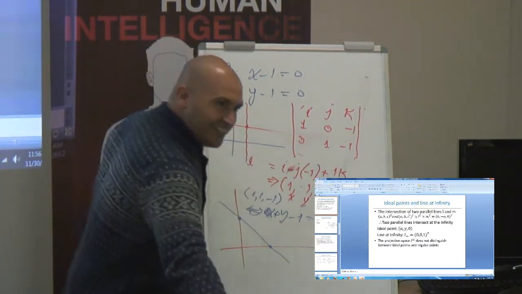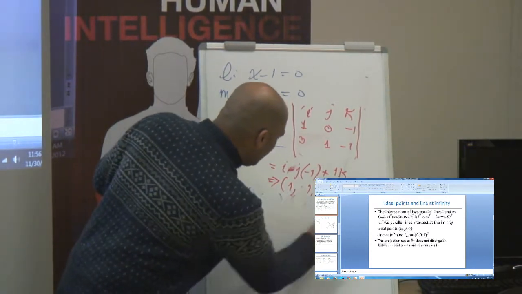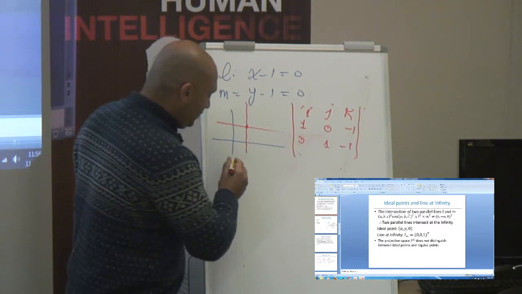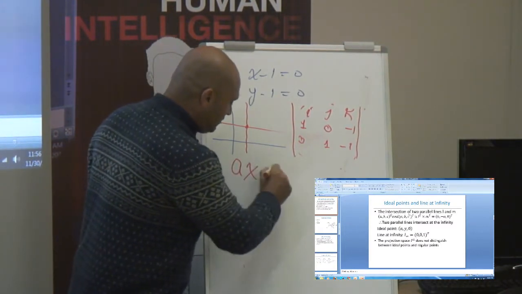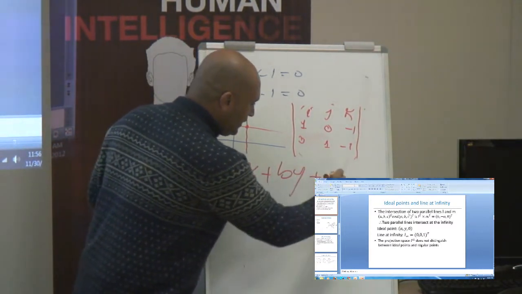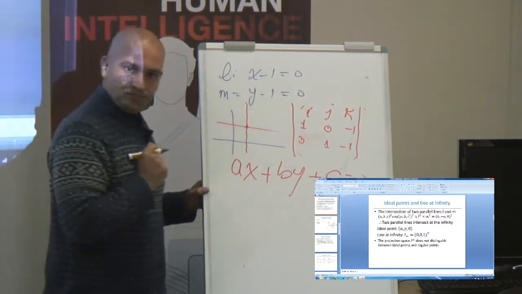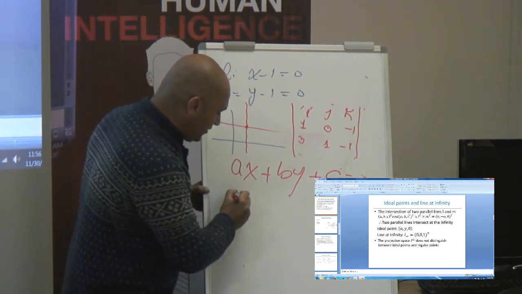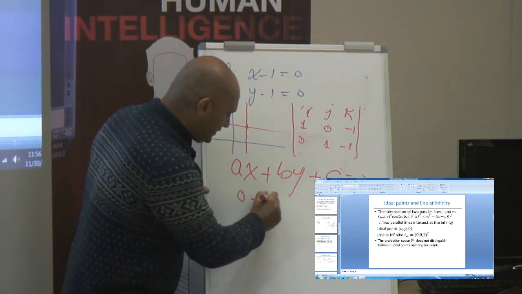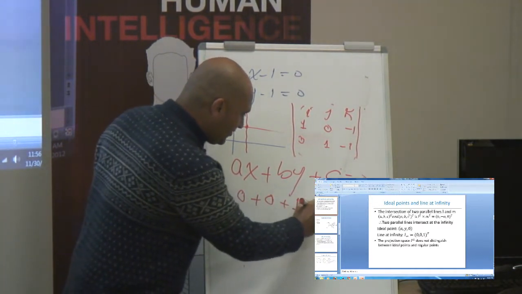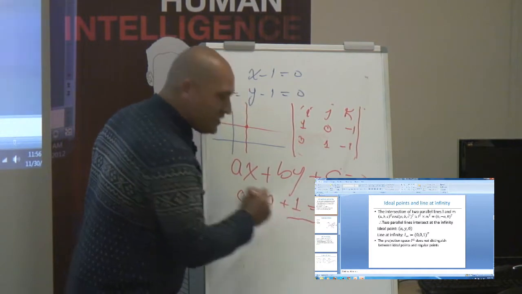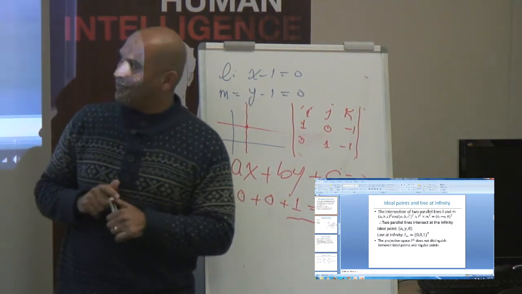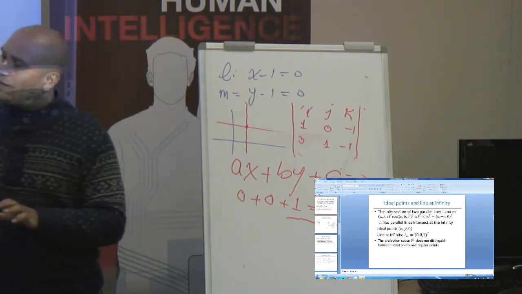If we write a line as ax plus by plus c equals 0 and take this as the line at infinity, I get 0 plus 0 plus 1, which does not equal 0. It is only correct at infinity. So this is what we call the line at infinity.